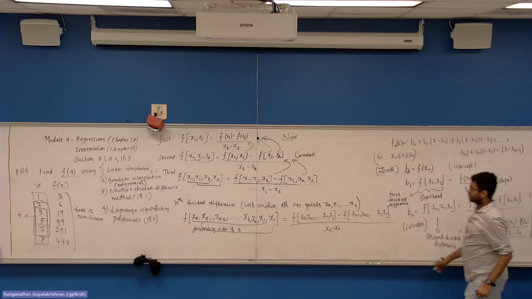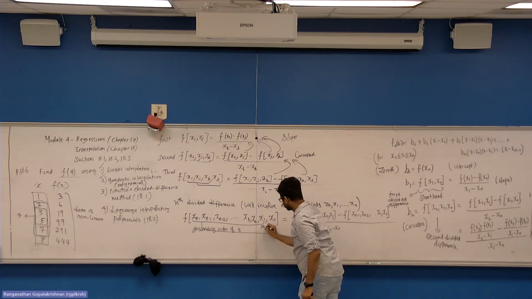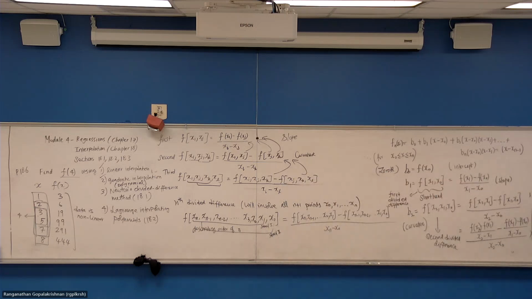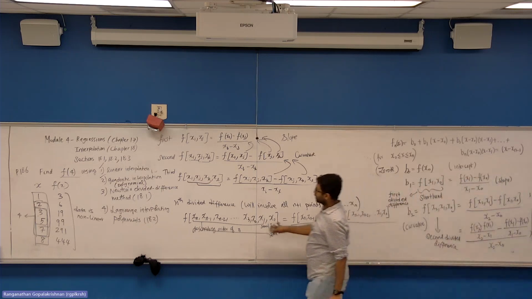So this is the stencil for the first term and this is the stencil for the second term. This will be called the nth divided difference.